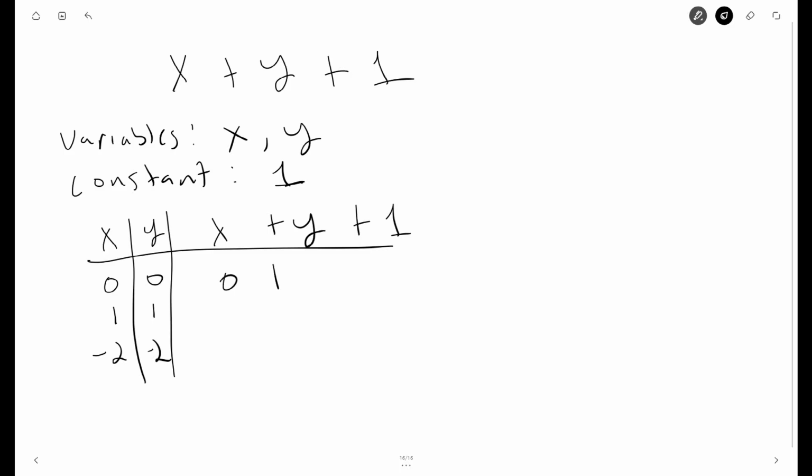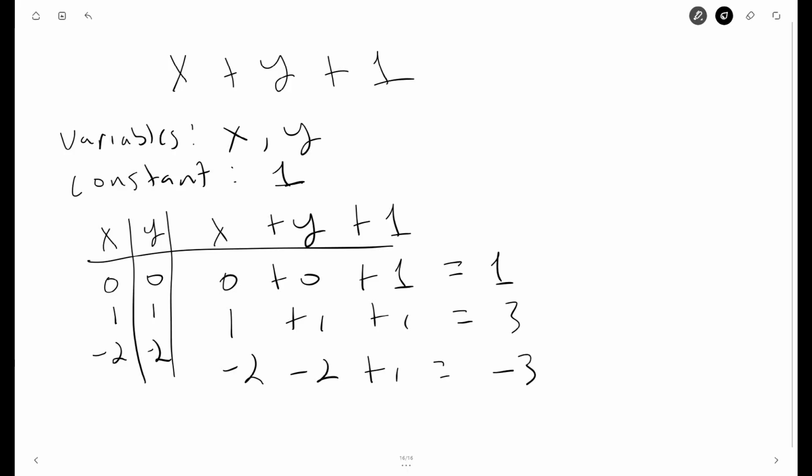This will be 0 plus 0 plus 1, equal to 1. Then 1 plus 1 plus 1 is equal to 3. Then -2 plus -2 plus 1 is -4 plus 1, which is -3.